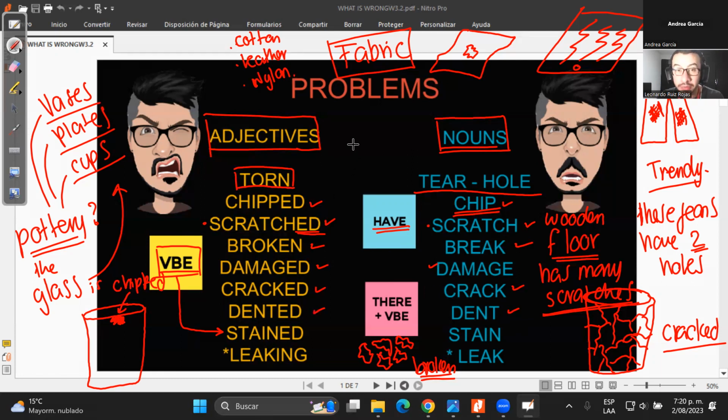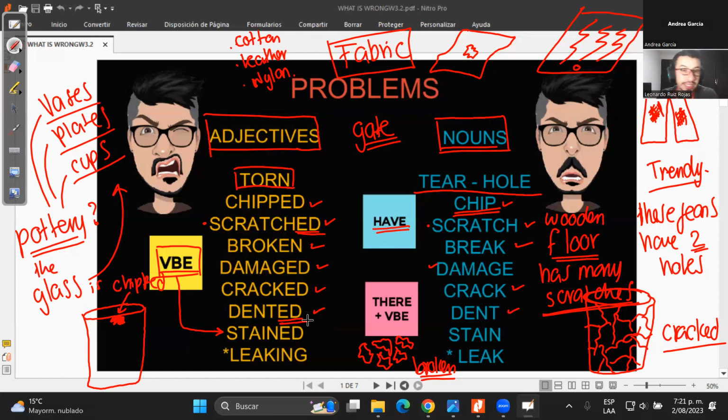Especially when we have something metallic, like a car, or the door of my house, a big gate. What is the meaning of gate? Como portón. And it's metallic, and then I crash it with something, then the gate or the door is going to be dented. The shape of the object is going to change because of the crash, right?